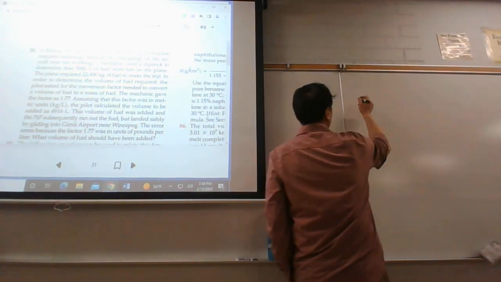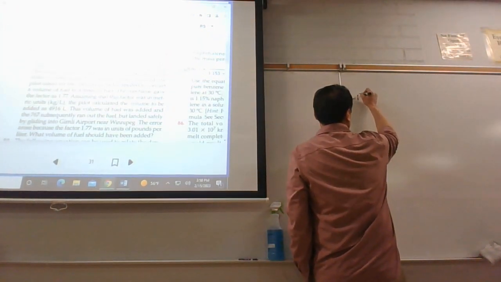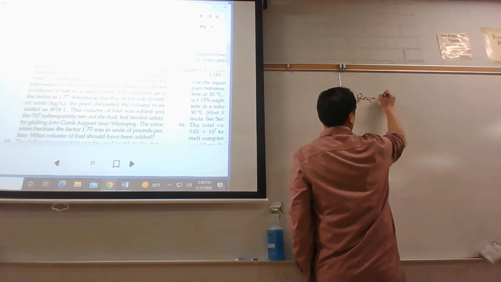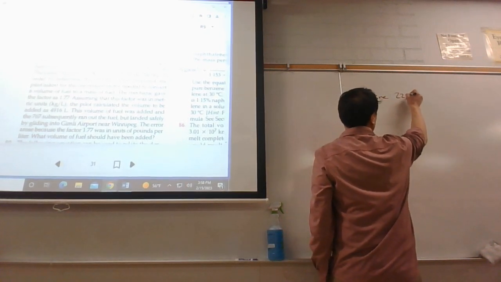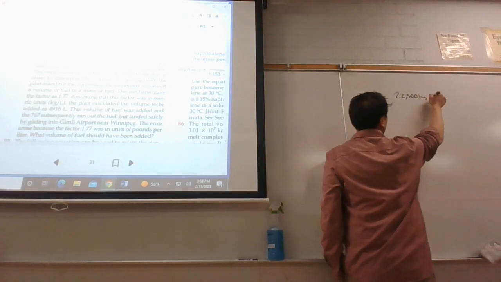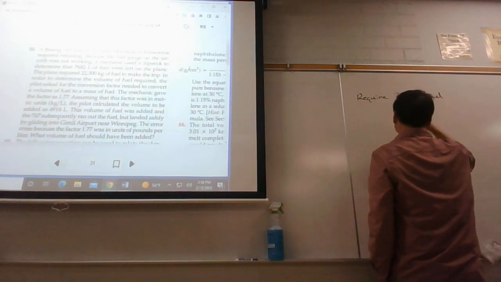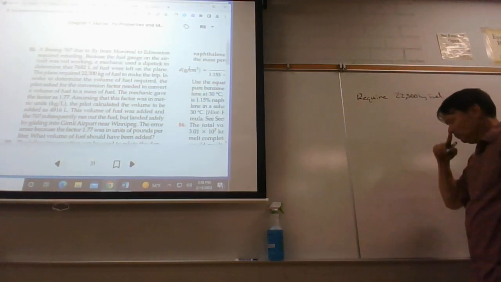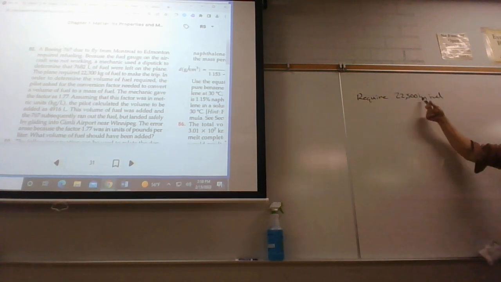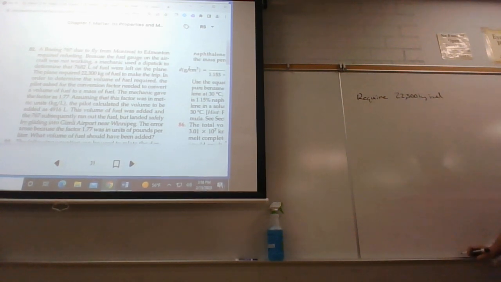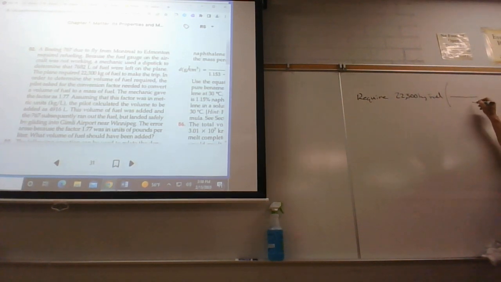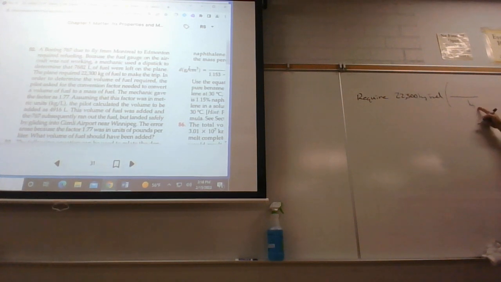22,300 kilograms. So at this temperature, what is the liters of fuel here that we require? So we have kilograms of fuel. What we need to do is just some dimensional analysis. We need to get rid of kilograms of fuel.